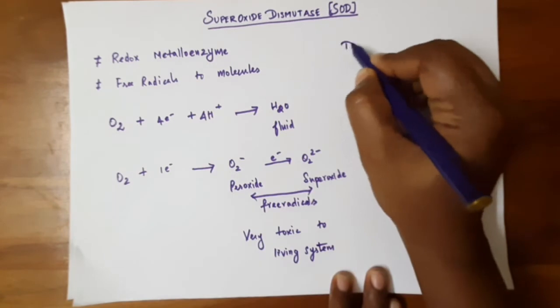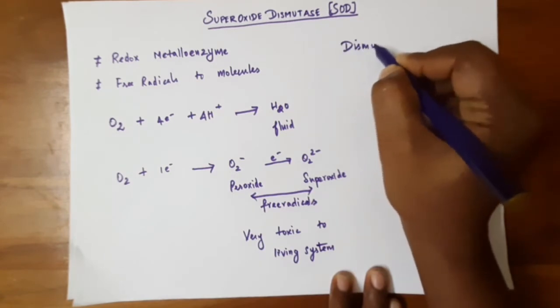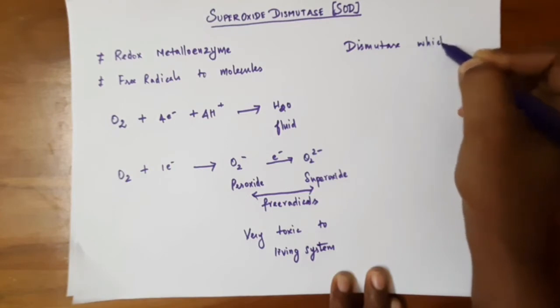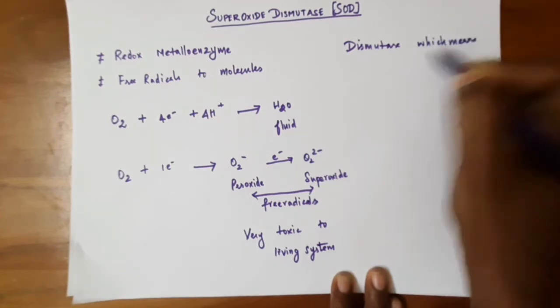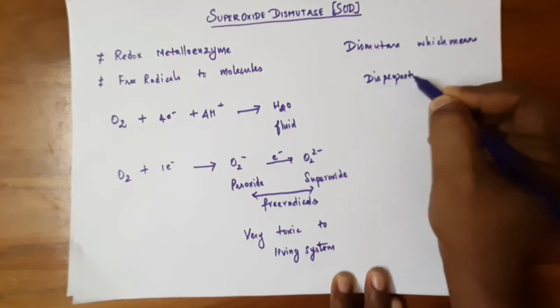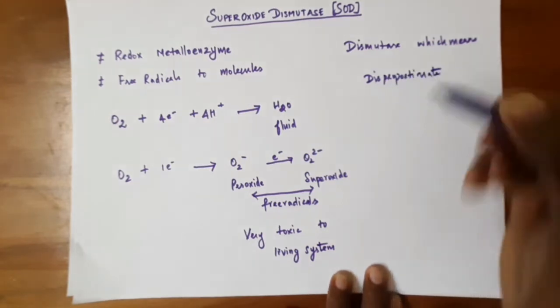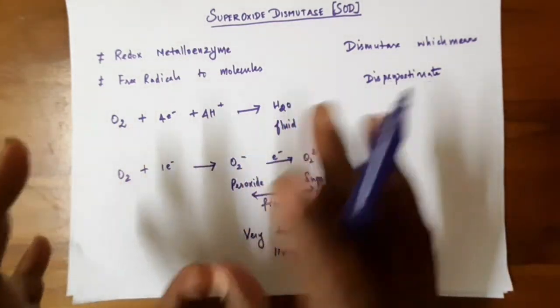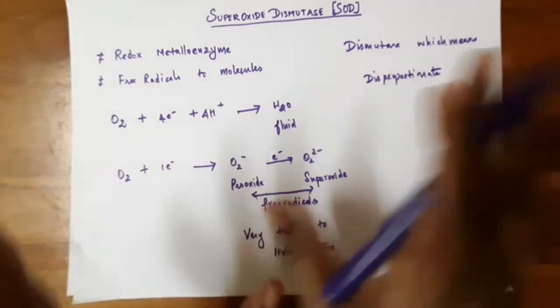The word dismutase means disproportionate, which simply means there is no equal proportion.